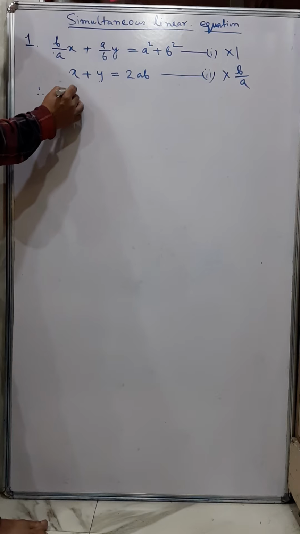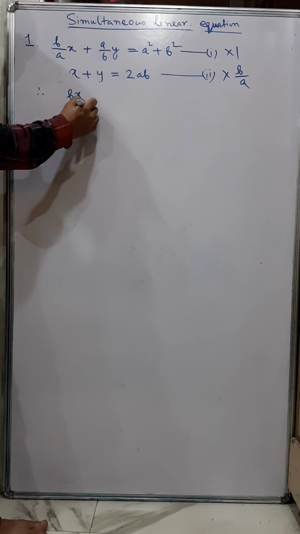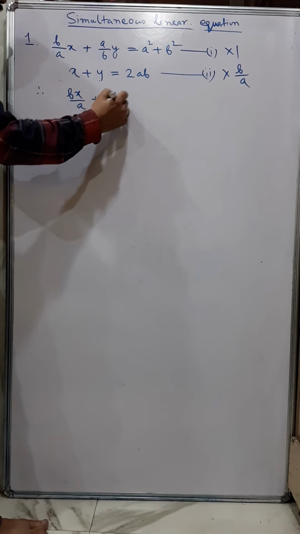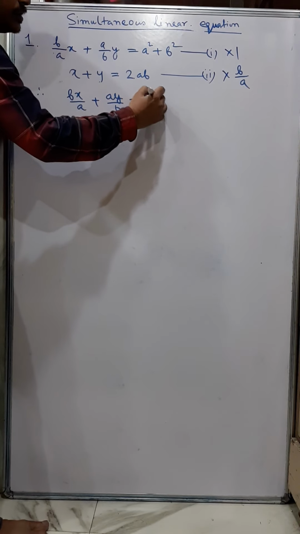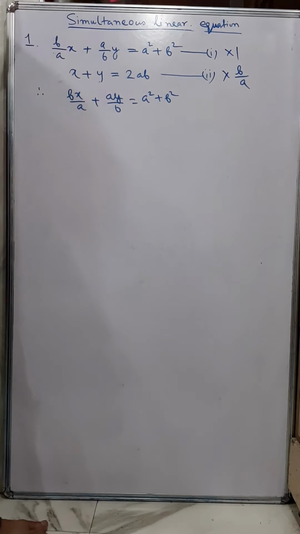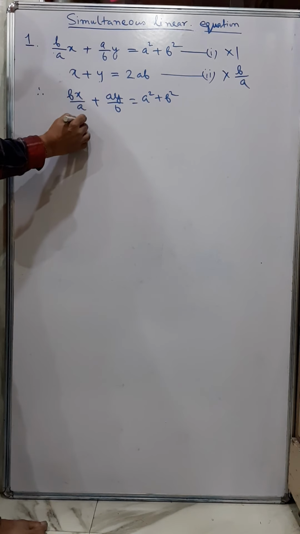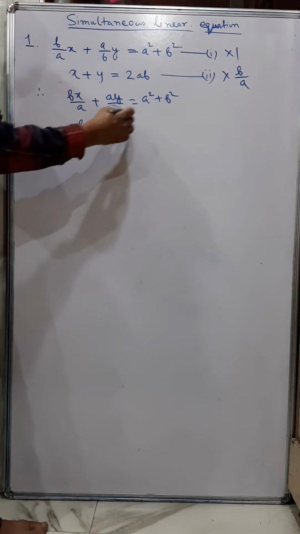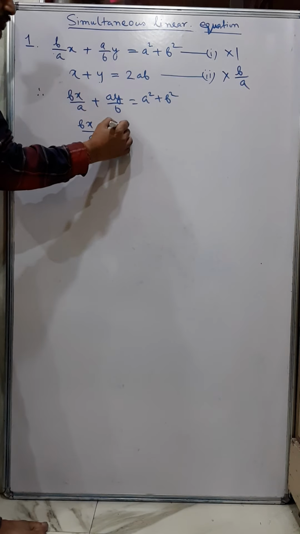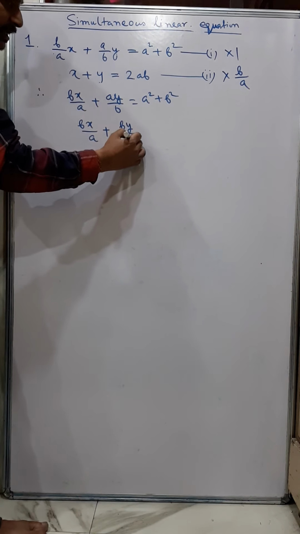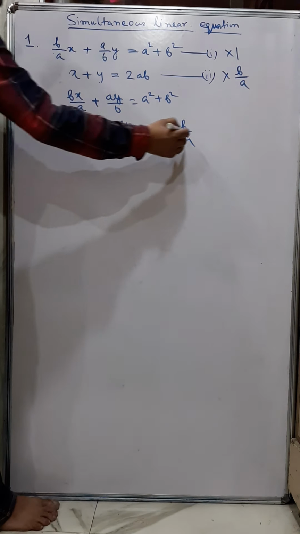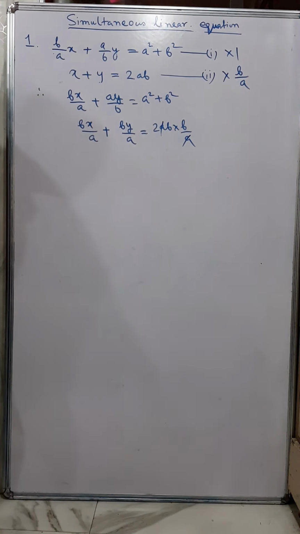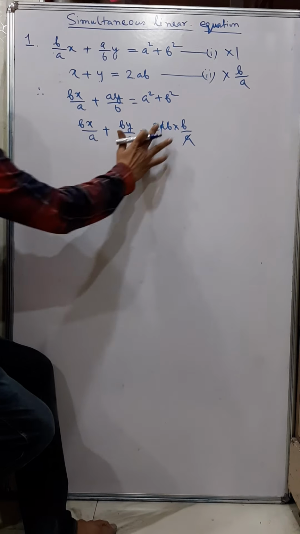So the first equation we get as it is, bx by a plus ay by b is equal to a square plus b square, and the second one we get bx by a plus by by a, you get 2ab into b by a, so you get 2ab square.